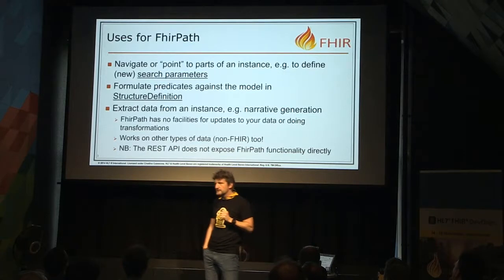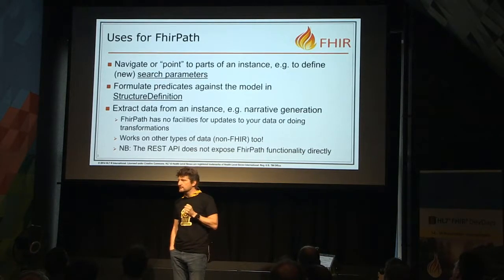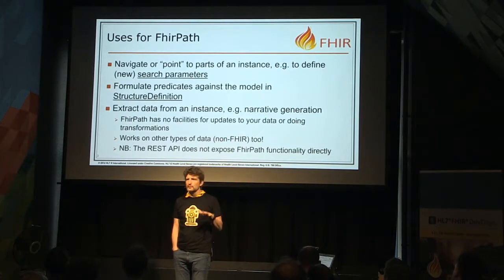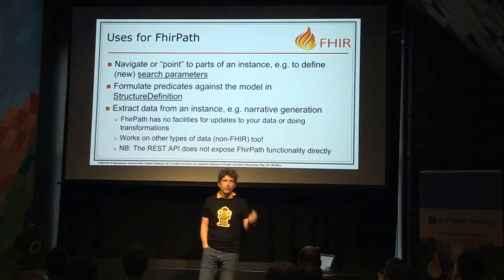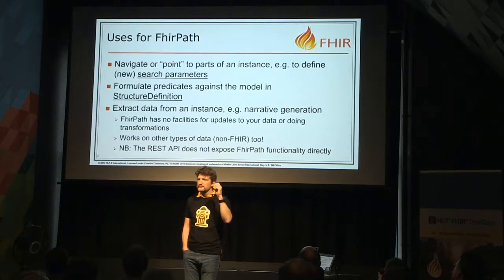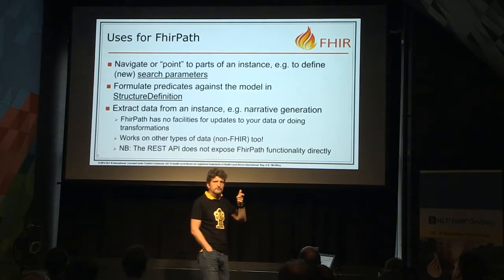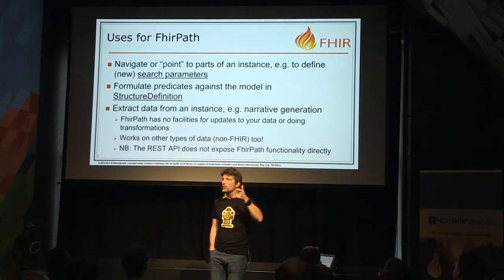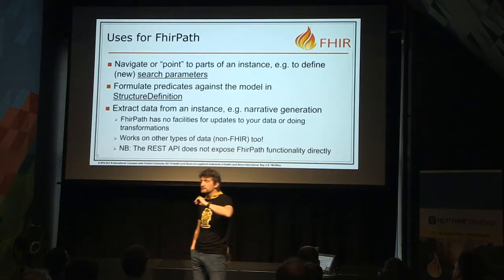Another use for it is when we want to formulate constraints. I don't know if many of you watched my tutorial yesterday on structure definition. Structure definition is one way to create constraints on FHIR data, but that's about cardinalities and vocab and so on. FHIRPath allows you, because it's a little language, to do all kinds of things like, I want all my names to start with the letter K. It's totally silly, but you could do that using FHIRPath.